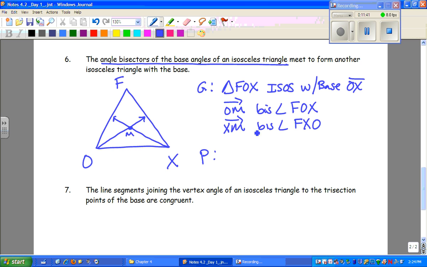Our goal is the other part, to form an isosceles triangle. So we're trying to get that triangle MOX is isosceles.